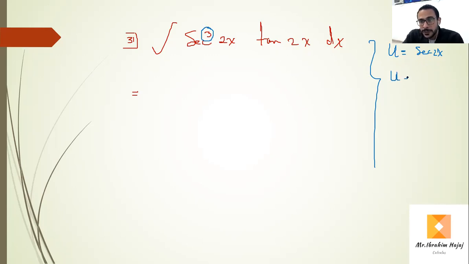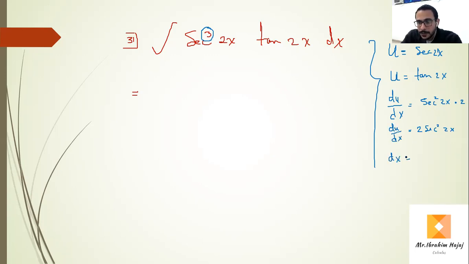Let's try u is tan 2x. Then du over dx is the derivative of tan 2x, which is sec squared 2x times 2.